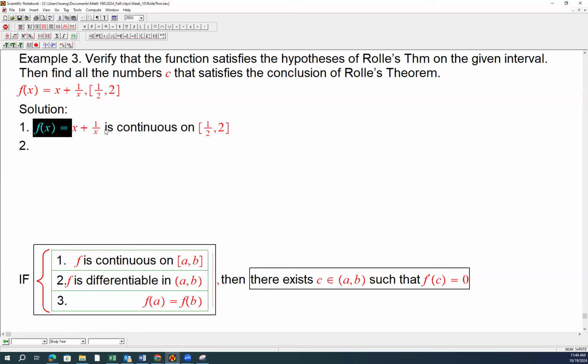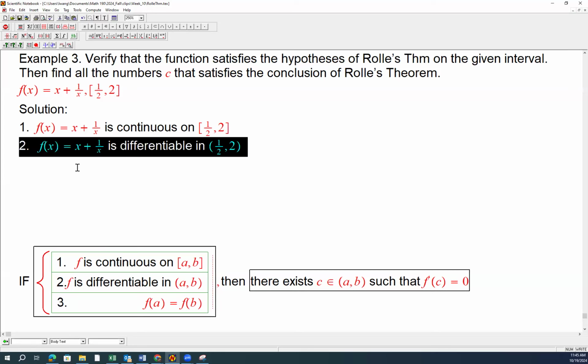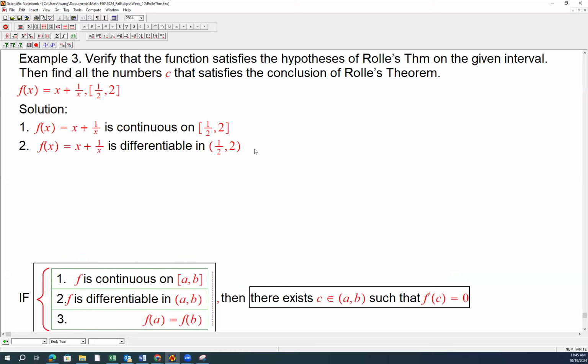Secondly, the function is differentiable inside the open interval. And thirdly, we need to check the condition at the endpoints. So we take this function, and we're going to evaluate this function at a point, half.